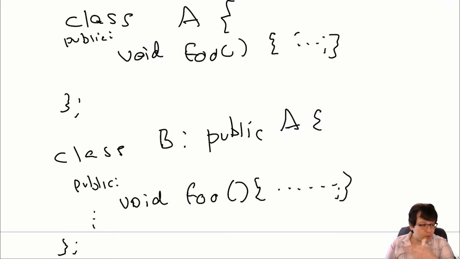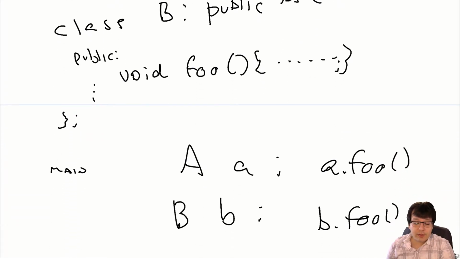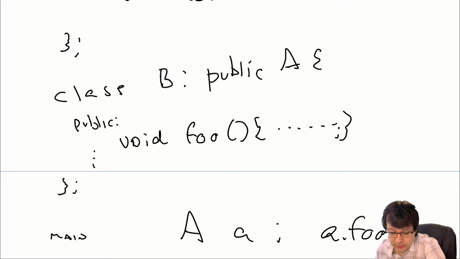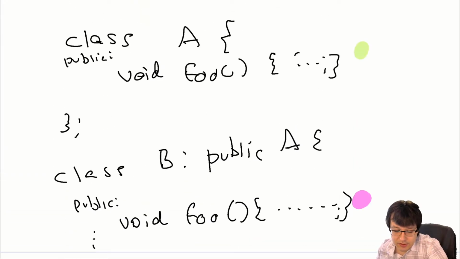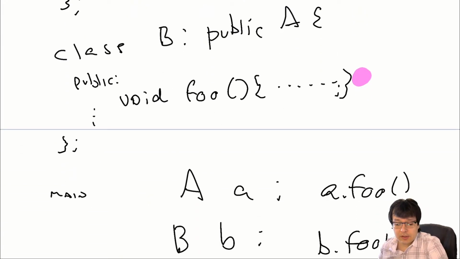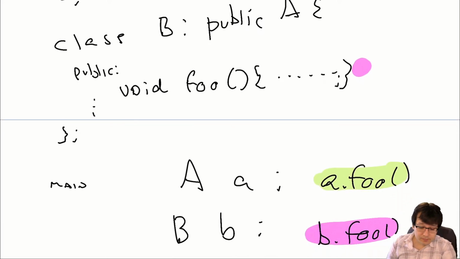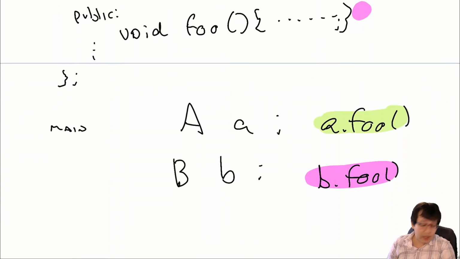It means that the original function foo will no longer be used when you're creating objects of B. So if I label them, we'll call this the purple or pink function, I don't know what that is, and this is the green function. This call is the green one, and the other one is the pink one. Okay? So that is overriding.